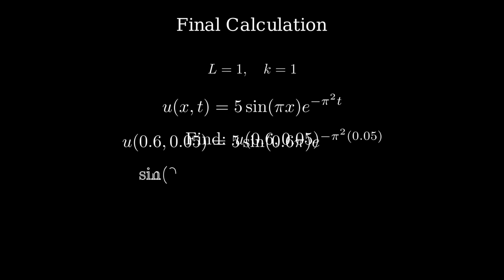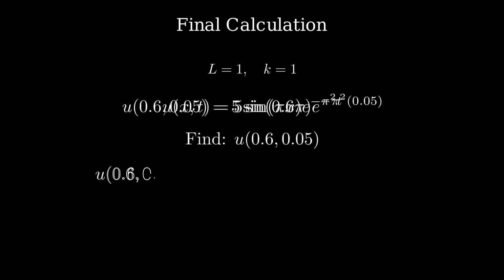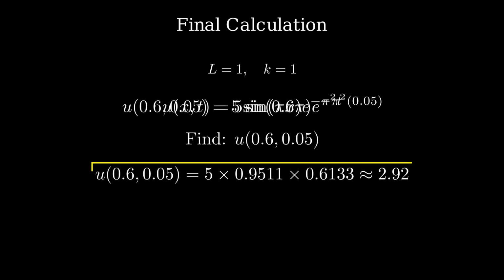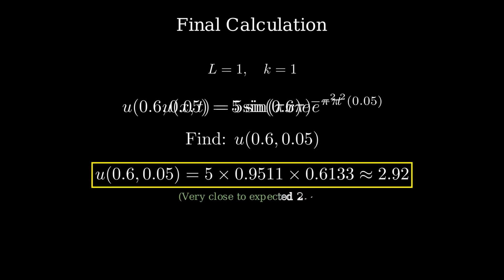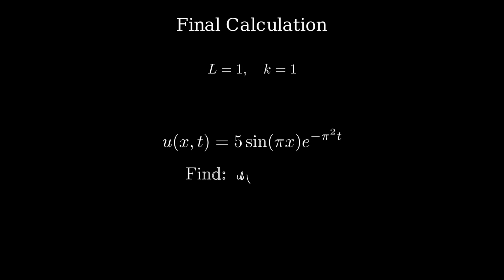Let's calculate the temperature at x equals 0.6 and t equals 0.05. Substituting these values, u of 0.6, 0.05 equals 5 sine of 0.6 pi times e to the negative pi squared times 0.05.